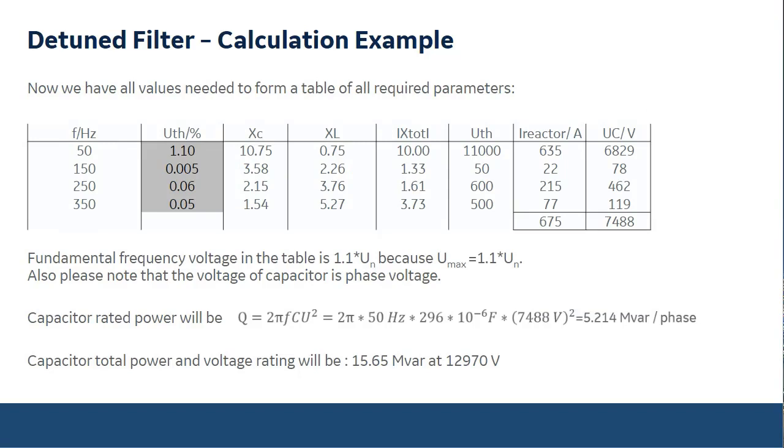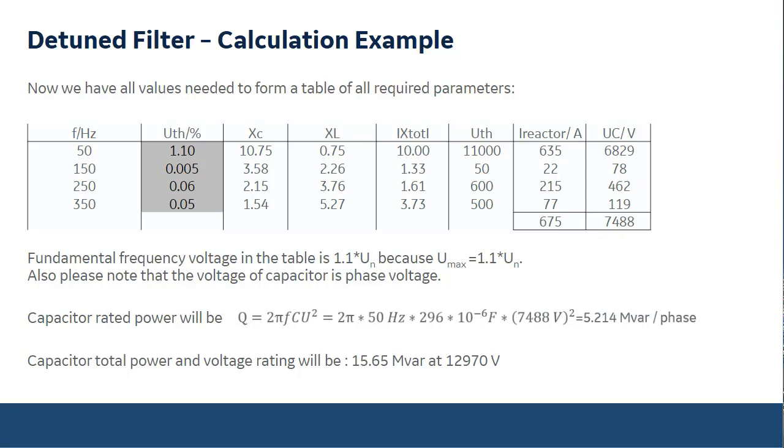First of all, you can see that we use 1.1 times the fundamental frequency, because the maximum continuous voltage is typically 1.1 times the nominal voltage. This is the reason I have put the 1.1 times here on the fundamental. Then we get the capacitor reactance and the inductor reactance at these frequencies. I have calculated them, and the total reactance also.